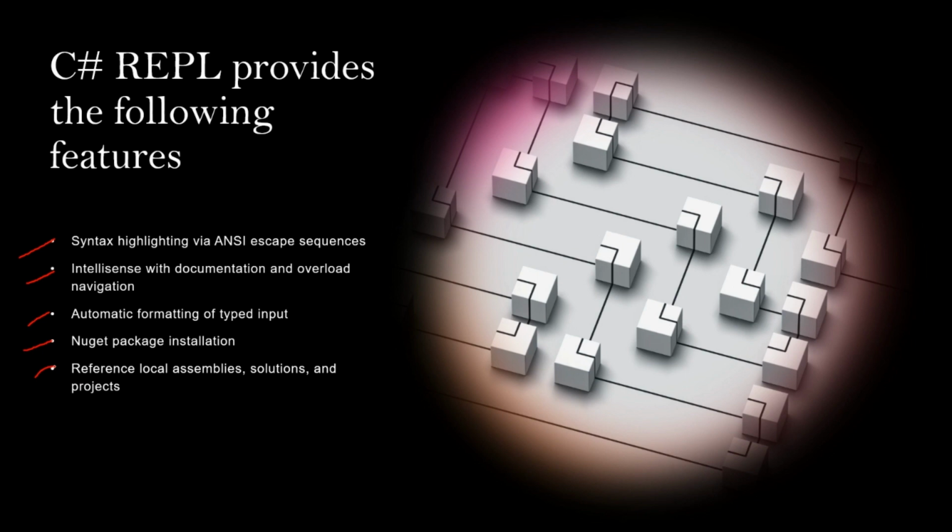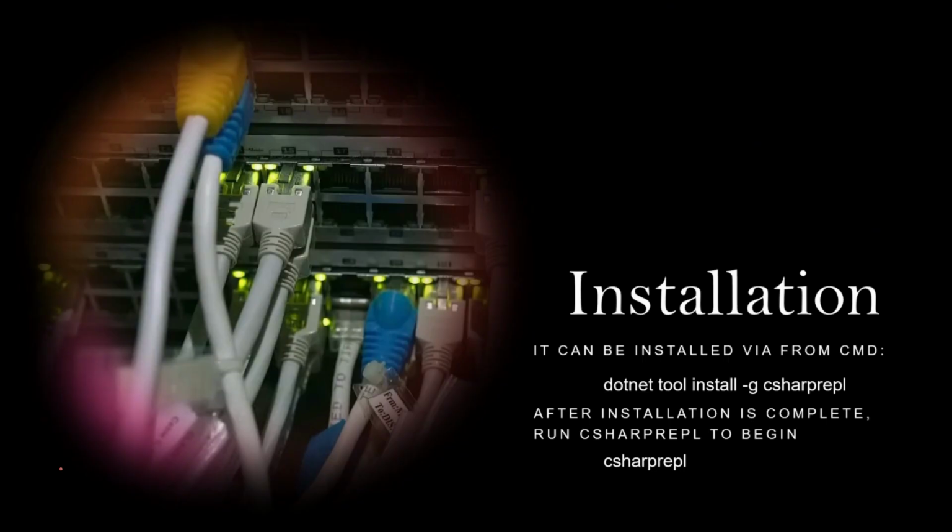If you have some local DLLs, you can bring those in and refer to them as well. We'll see a demo of it. You can also navigate to the source and IL disassembly, and it has fast, flicker-free rendering. So all these are the features it provides.